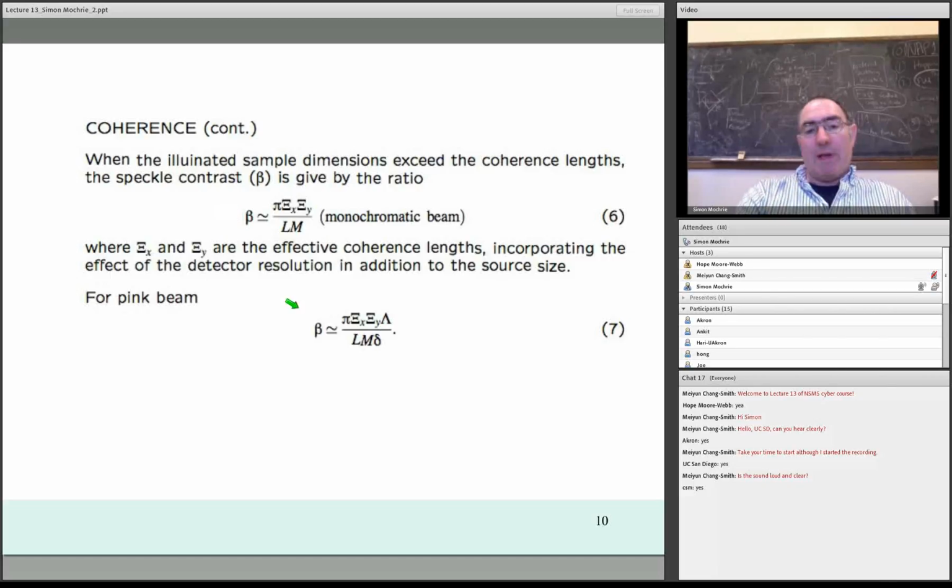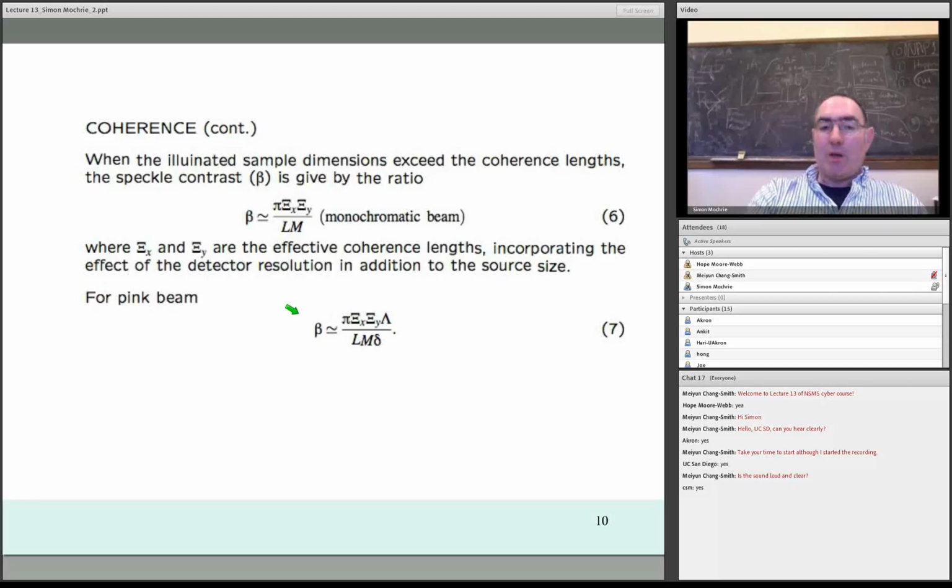If you add longitudinal coherence to the mix, then it becomes a ratio of the two volumes. The illuminated volume is on the bottom, and the coherence volume is on the top. So that's how coherence lengths enter into what the data look like. It turns out that the signal to noise doesn't strongly depend on this quantity.